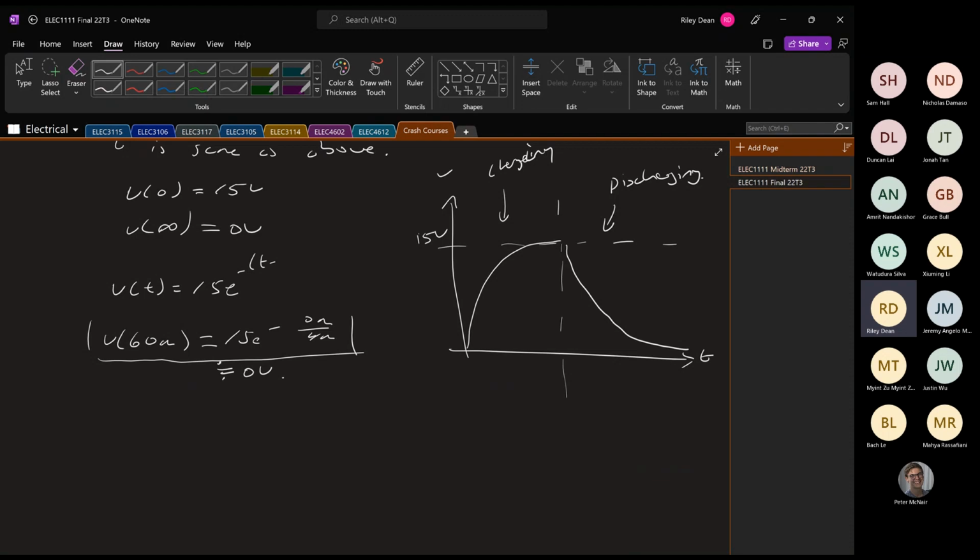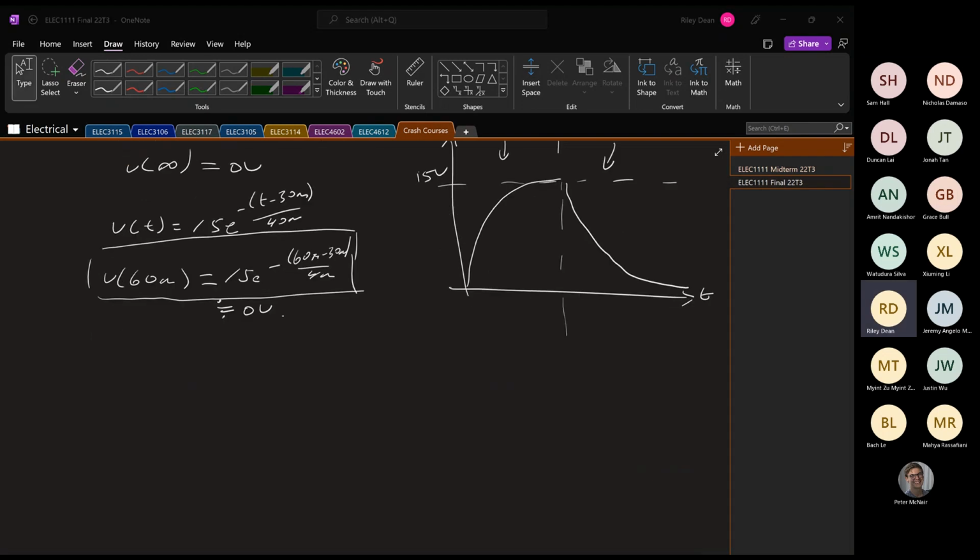Because we're shifting along by our 30m, we have to put that in there. Cool. Good spotting. And so, did anyone have any more questions about that?